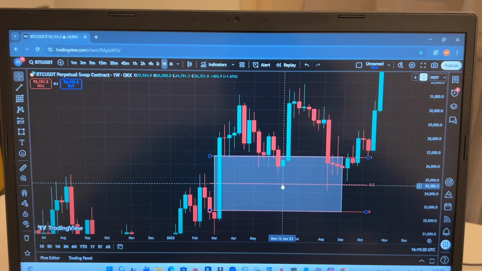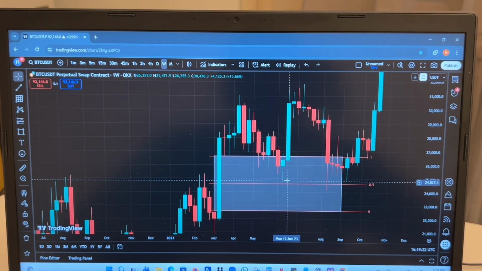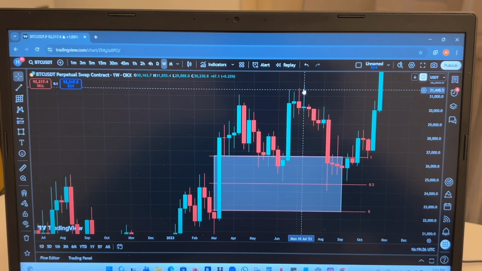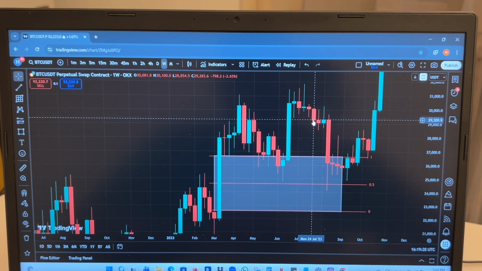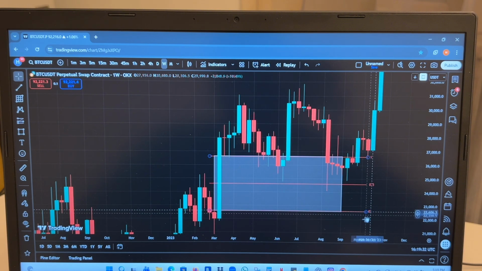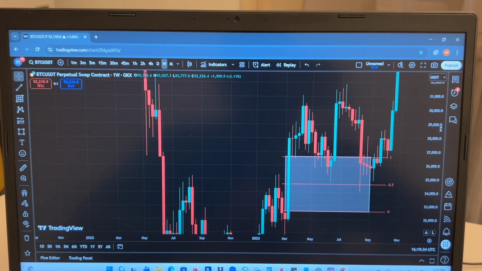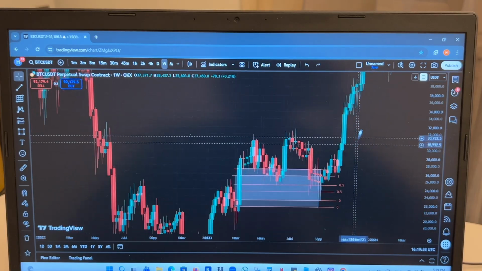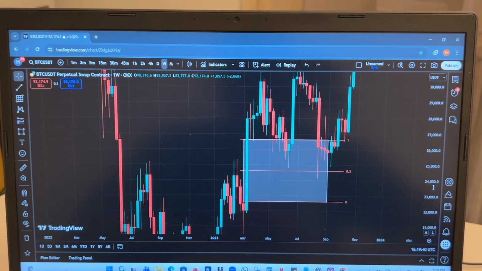So this is the 0.5 level, but it has retested somewhere over here. Even though the market went up, the market eventually came back down, breaking the 0.5 level, and then it kept on going up. So that's how FVGs work.